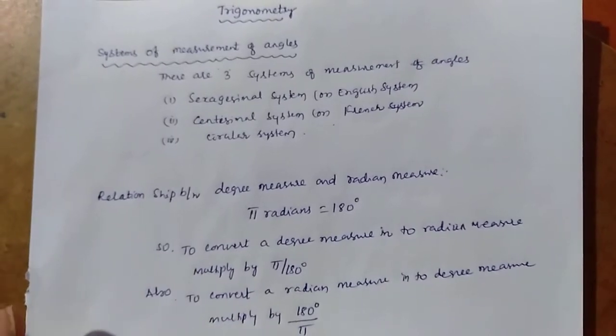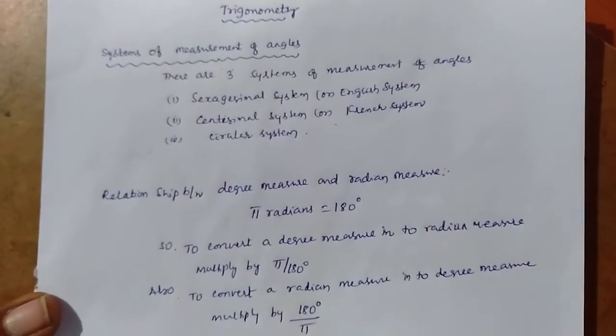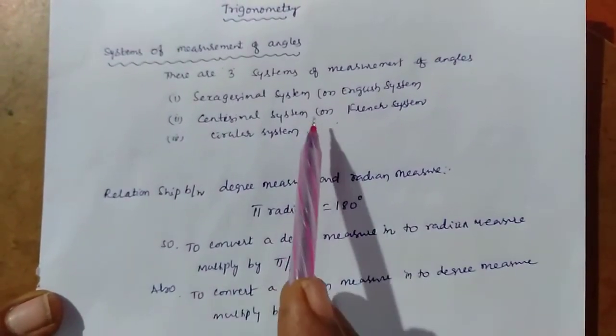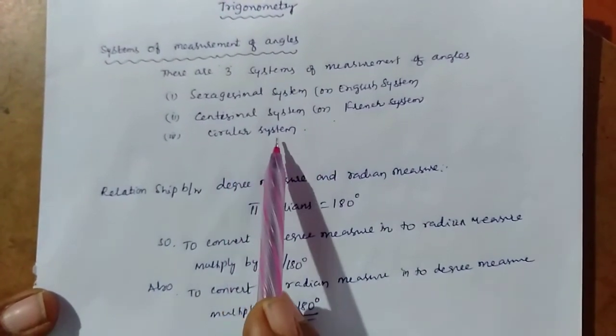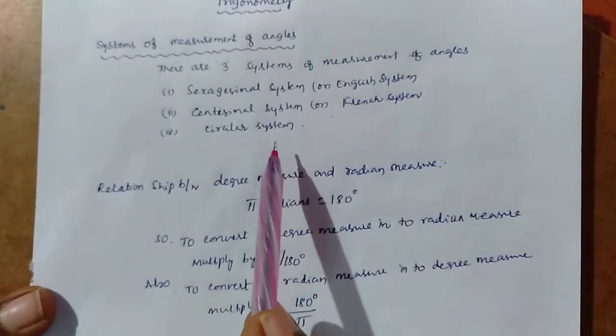One is the sexagesimal system or English system, the second one is the centesimal system or French system, and the third one is the circular system.